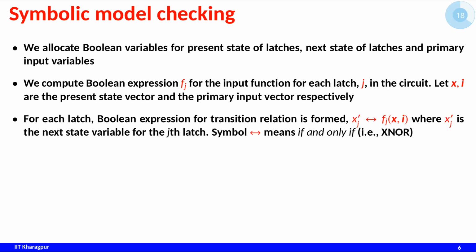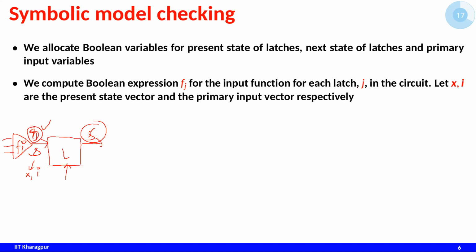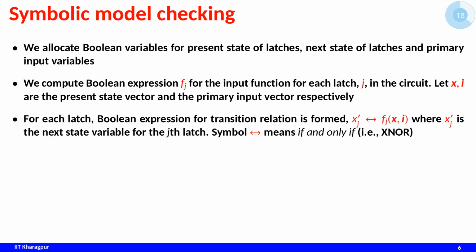In order to write the state transition system, we can claim that the value of S prime is the same as the function, because whatever S prime I am describing here is nothing but what was computed in the previous step.